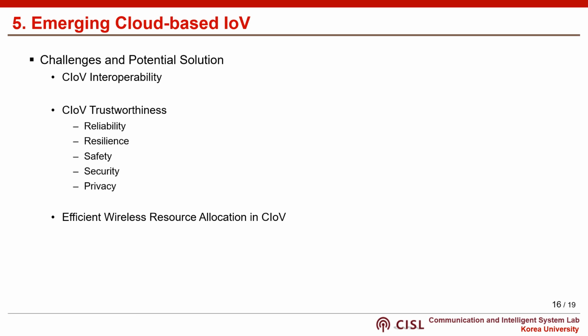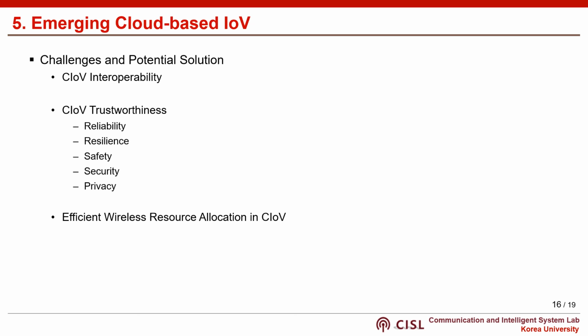Therefore, the interoperability among the vehicle cloud and third-party clouds is greatly important. Especially, data flowing among the clouds should be trusted, efficient, transparent and immutable.